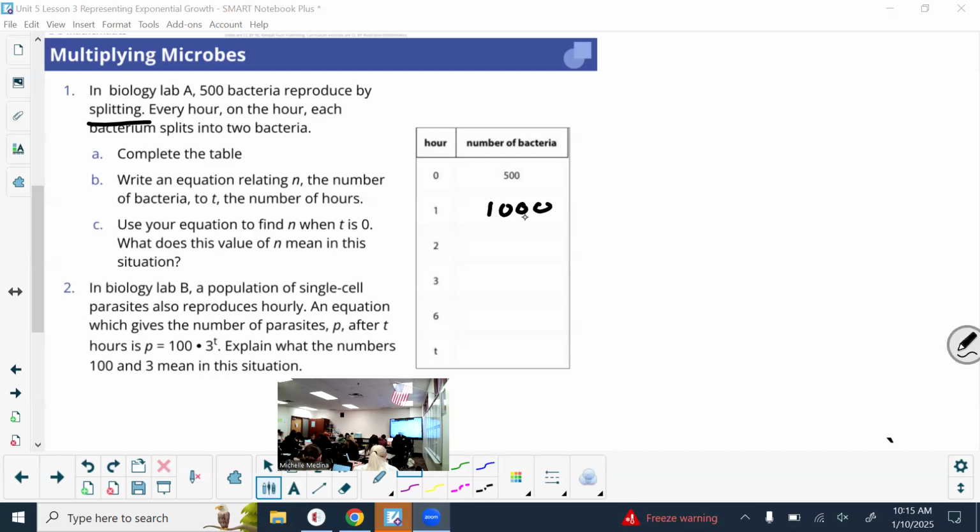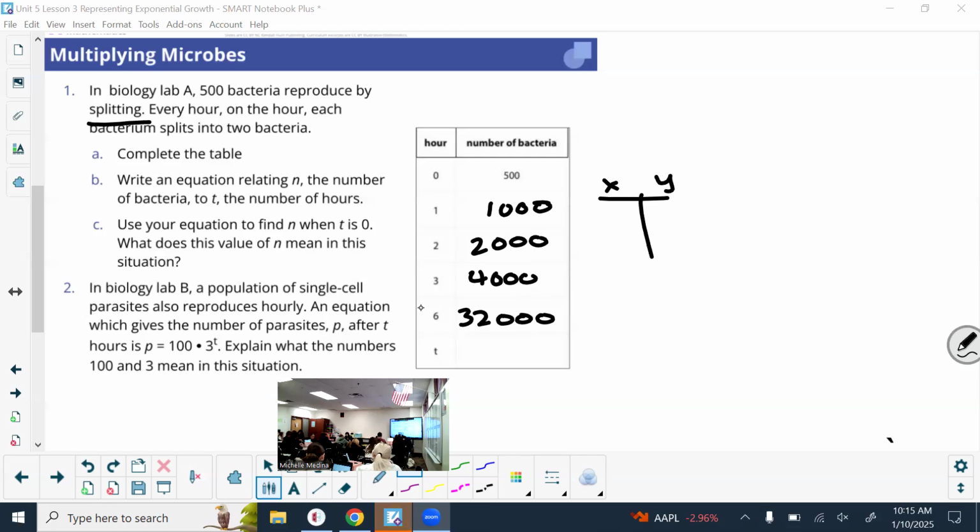So then table 7, if I have 1,000 in hour 1, how many do I have in hour 2? Table 8, how many would I have in hour 3? Table 9, how many would I have in hour 6? 32,000 is correct. If you thought 8,000, it's because they are missing some numbers right here.